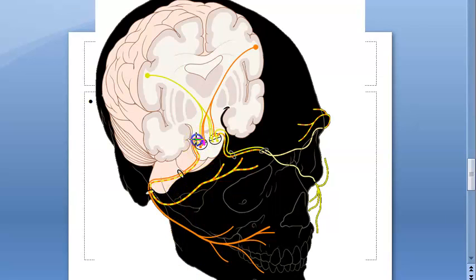From the pons to the internal acoustic meatus, they are calling it the intracranial part. Then you have the intratemporal part, that is from the internal acoustic meatus to the stylomastoid foramen, from where it is coming out of the skull here. From the stylomastoid foramen it's coming out, right? Then you have the extracranial part.